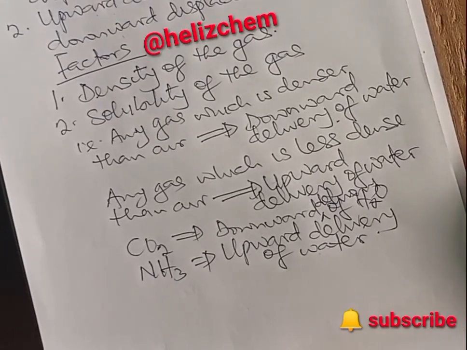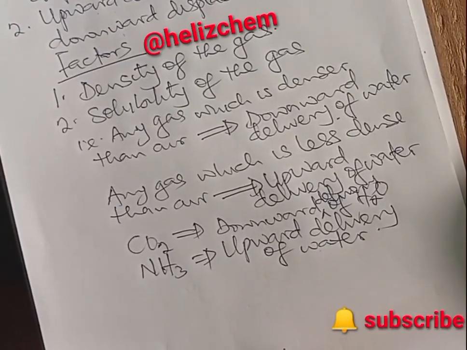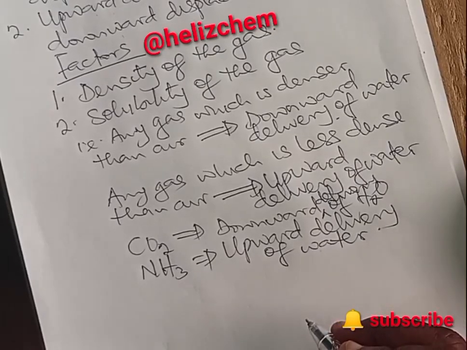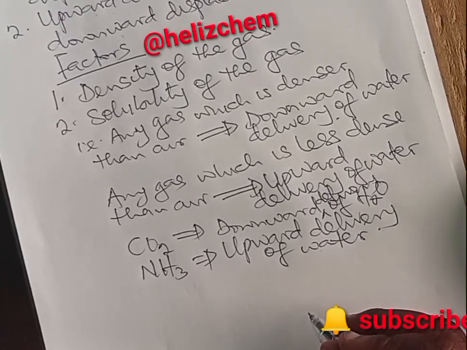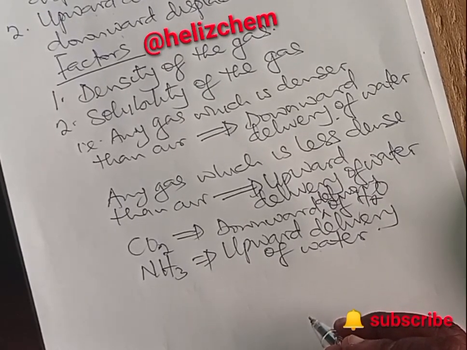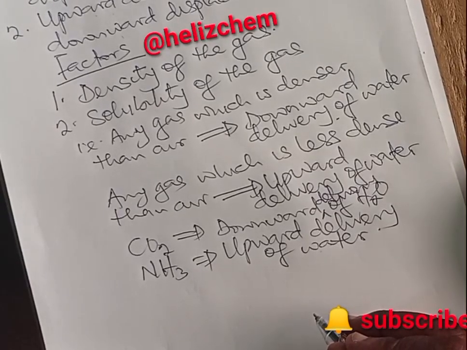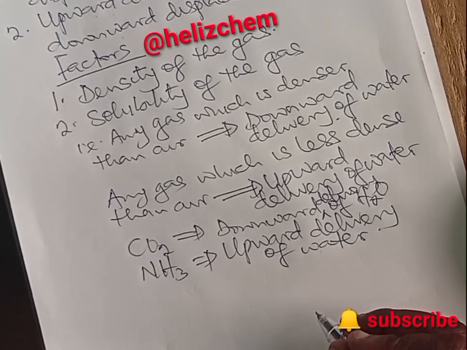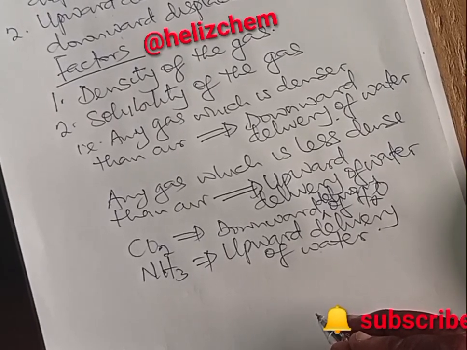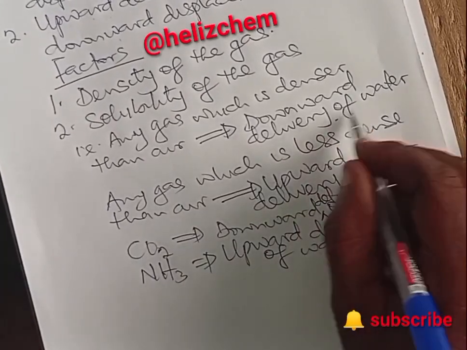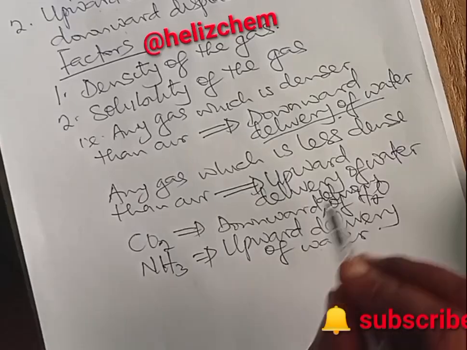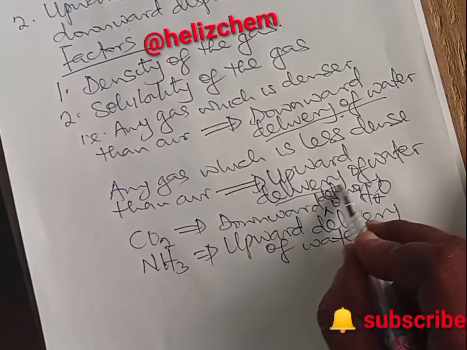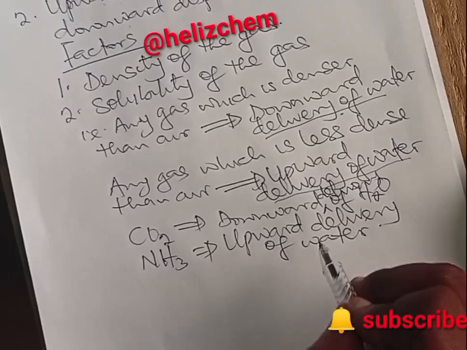But how will you know whether a particular gas will be collected by downward delivery of water or upward delivery of water? I've said it earlier on. You have to look at the density. If a gas is denser than air, then you will use downward delivery. But if such a gas is less dense than air, then you will use upward delivery.